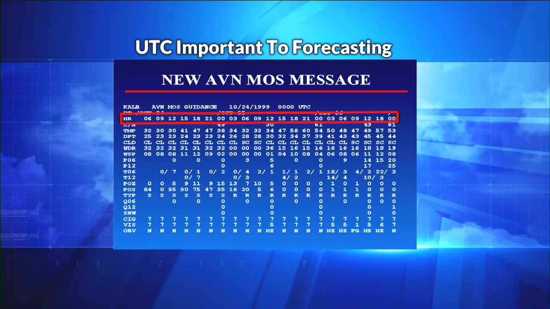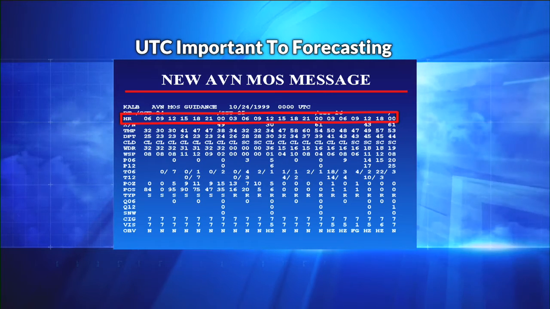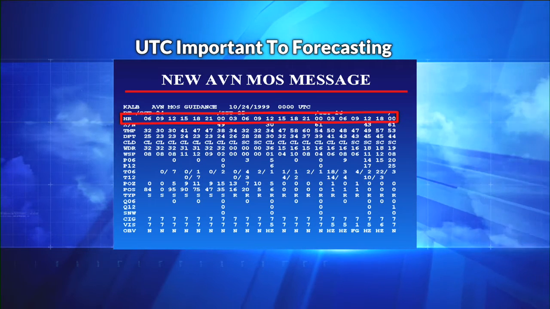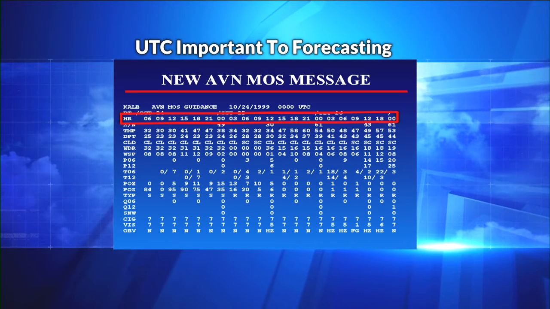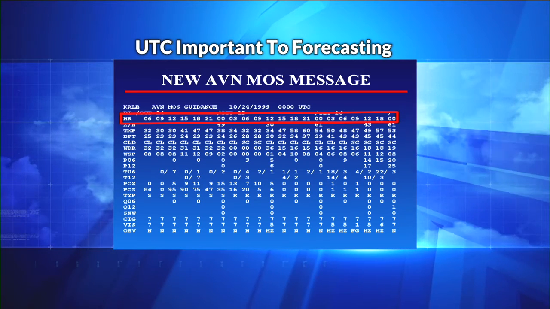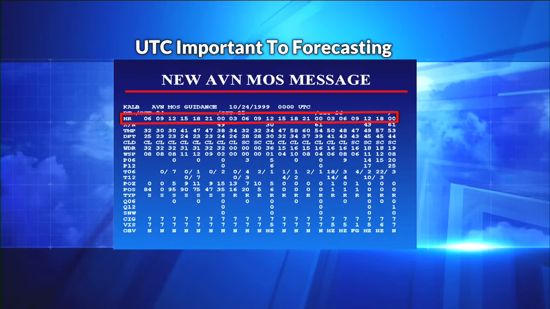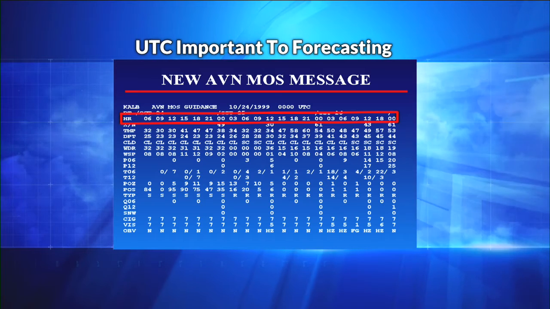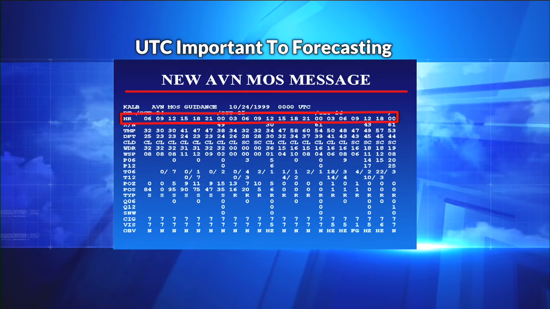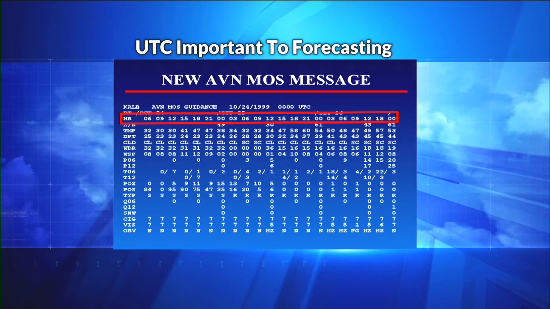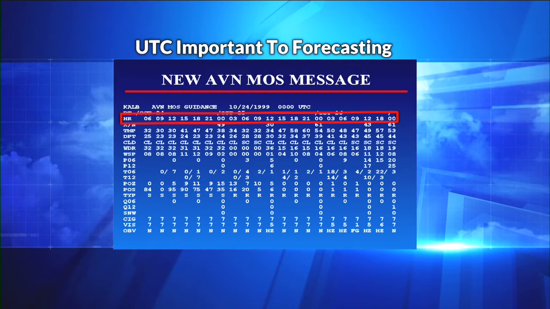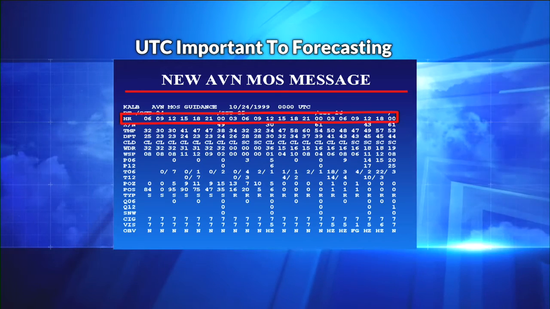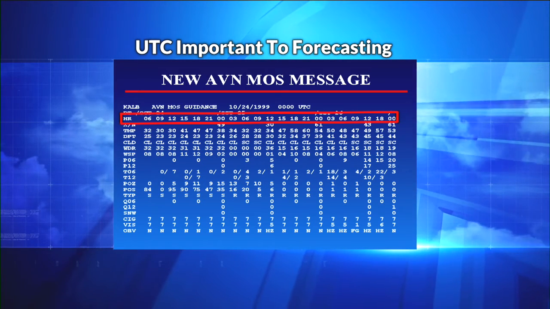So let's just take 12, for example, on the hour here. 12Z correlates to 8 o'clock for us, okay? 15Z is 11, 18Z is 2, 21Z is 5, and then 00Z is 8 p.m. So that's kind of a look into our world here on how the weather and time aspect of forecasting is important.